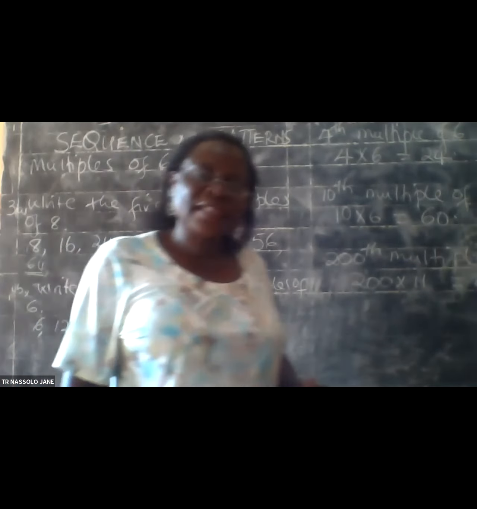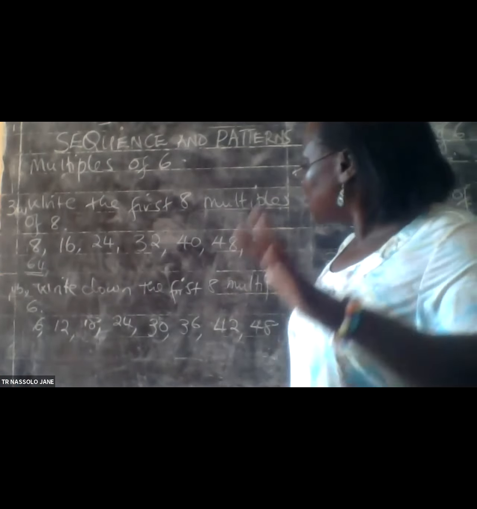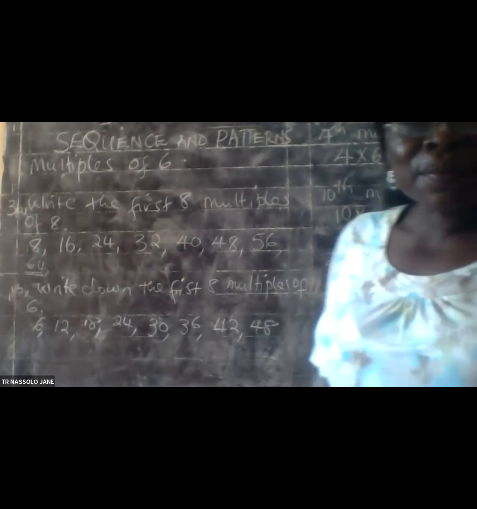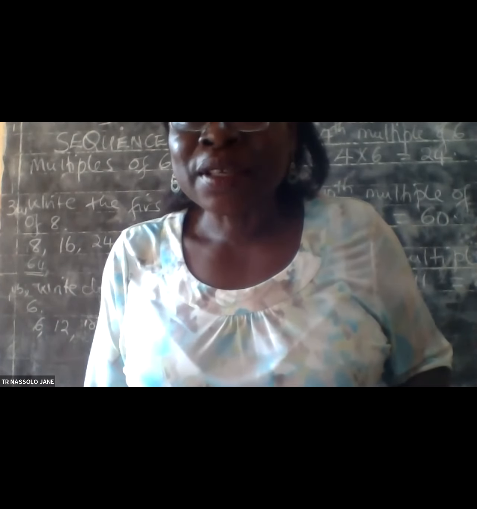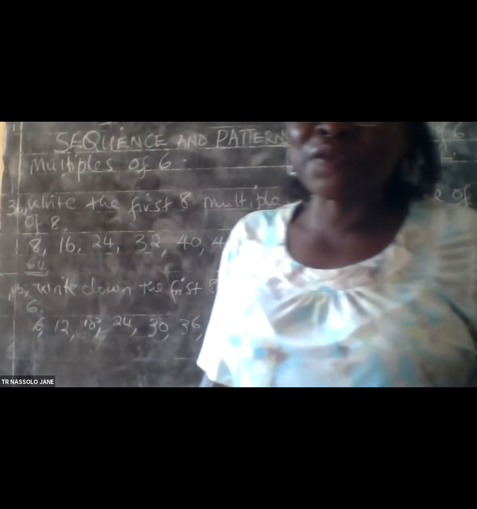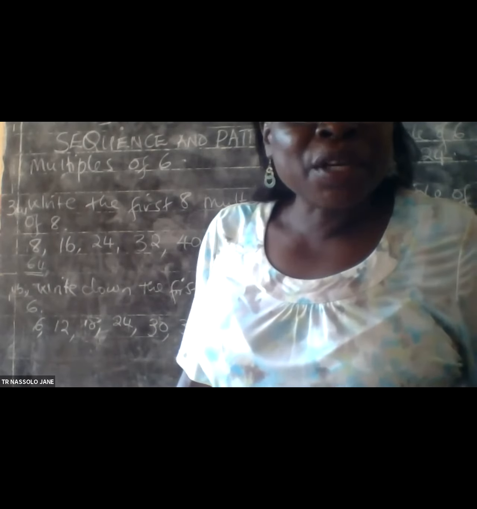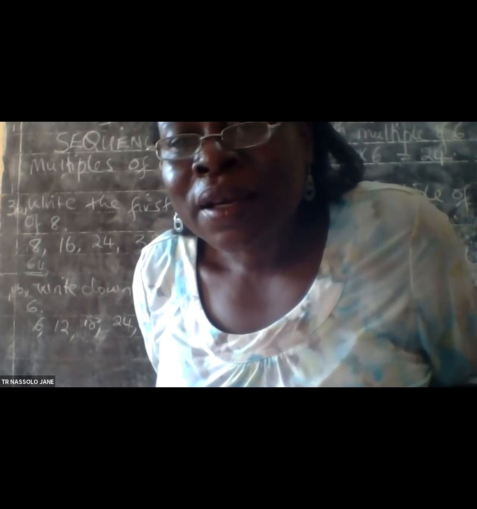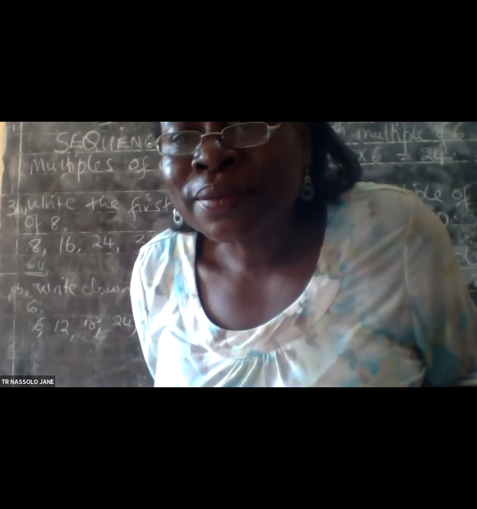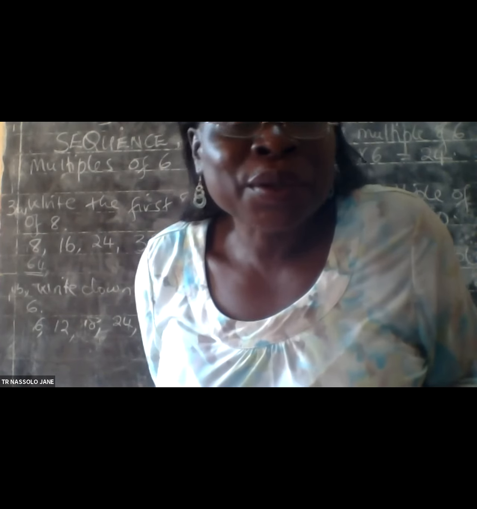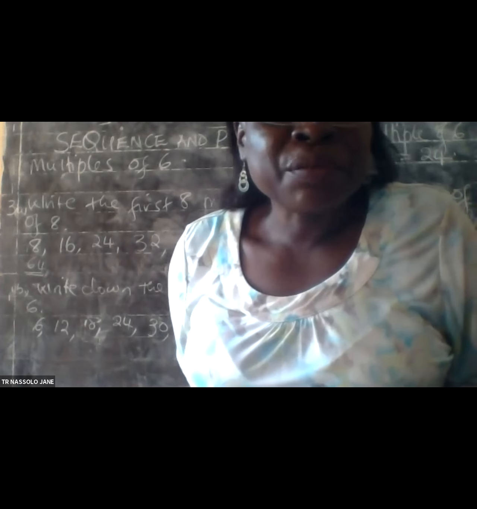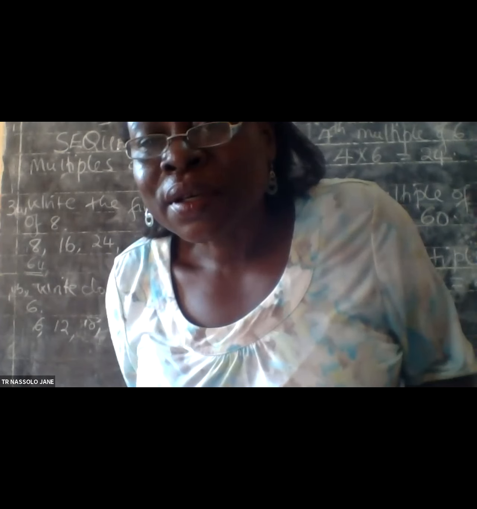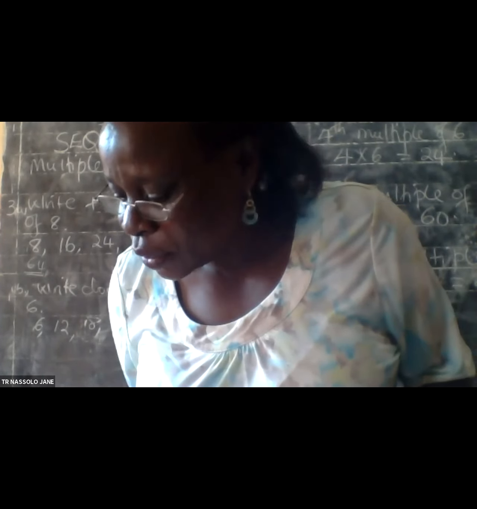Now, if I may ask, is there anywhere in those topics we have covered already where we are listing down the multiples of numbers? Do you remember us listing down multiples of numbers? Somebody who remembers. Amira? When finding LCM.